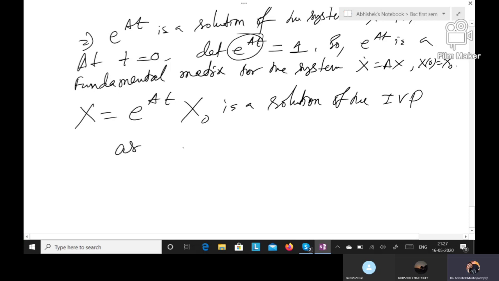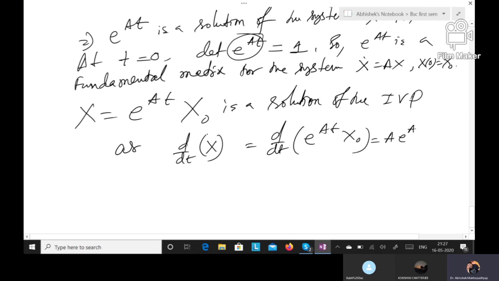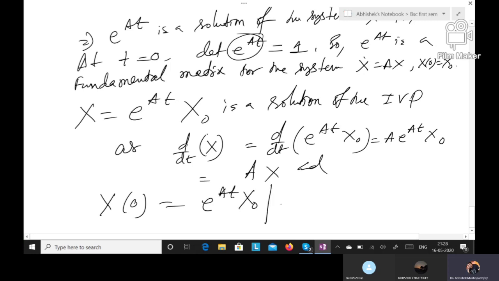Because d/dt of X equal to d/dt of e to the power At X naught, that means it is capital A e to the power At X naught, that is A X. And capital X at 0, it will be e to the power At X naught at the point t equal to 0.